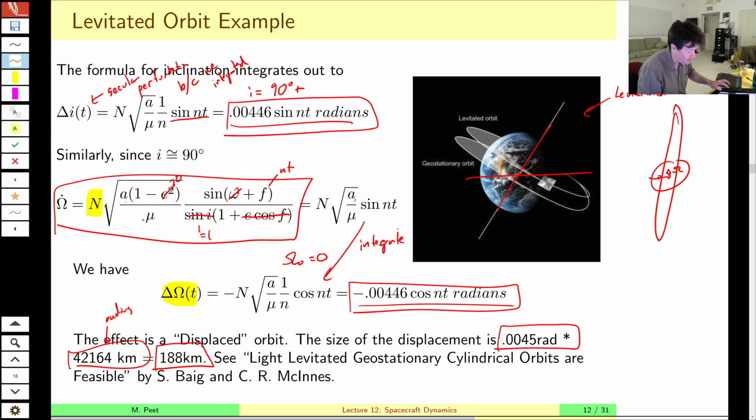If we go back to these expressions, here we've integrated at nt equals 90 degrees. This term is positive. And at nt equals 270 degrees, that term is negative.